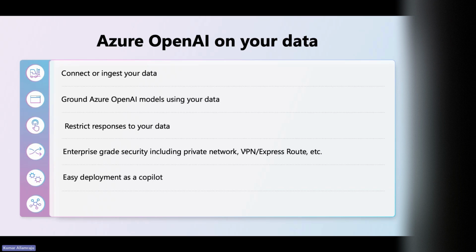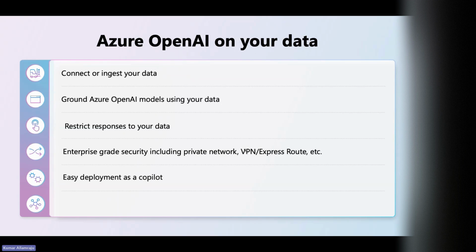And I already talked about grounded data, which comes by default whenever you use Azure OpenAI on your data. And you also want to make sure you can securely connect and access from, let's say, your on-premise data center. That's where Azure OpenAI can provide it. If you use OpenAI, you will be accessing public data points, right?